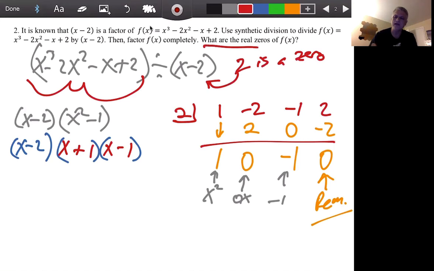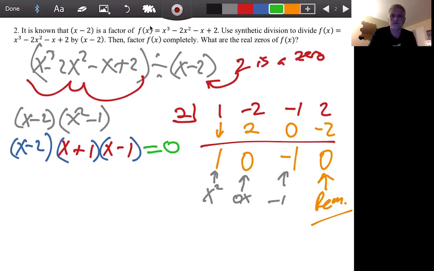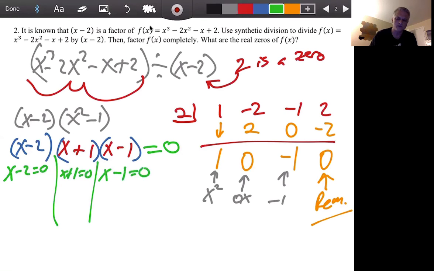Okay? Now it asks me, what are the real zeros of f of x? So remember, zeros are x-intercepts. How do you find x-intercepts? You substitute 0 for your y. So if we say they equal 0, these are all factored out, so we can just split it. So x minus 2 could be 0, x plus 1 could be 0, x minus 1 could be 0.